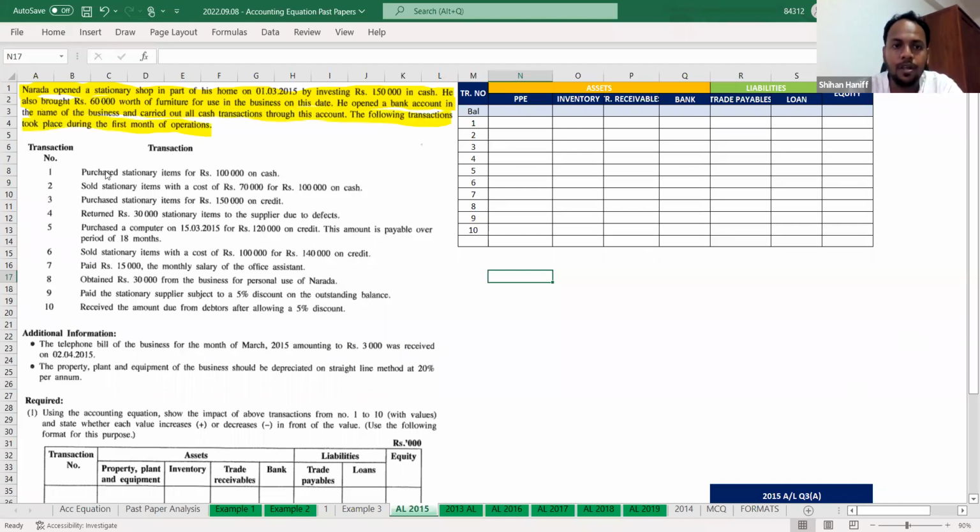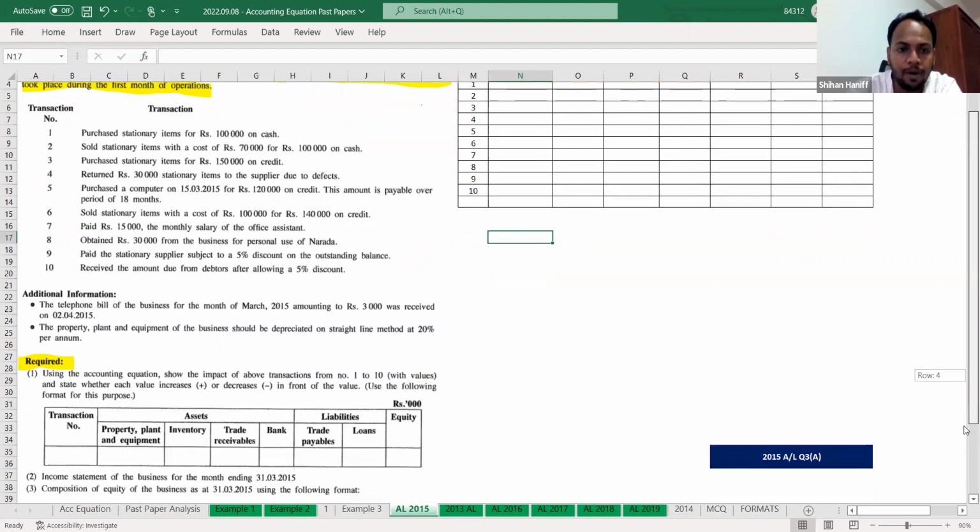Let's see the requirement. I hope you all can see the screen. Using the accounting equation, show the impact of the above transactions from number 1 to 10 with values, and state whether each value is an increase or decrease in front of the value. Use the following format.